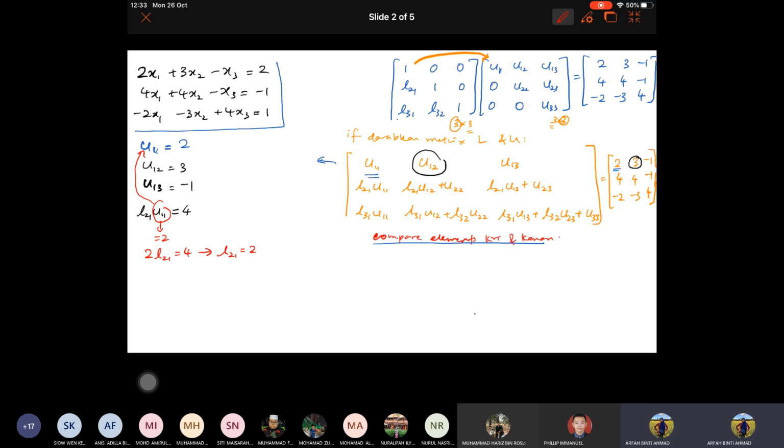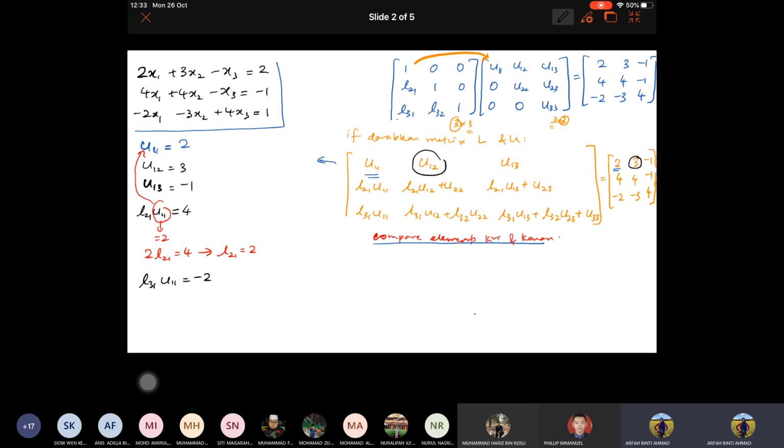Lagi satu yang awak boleh tengok is yang bawah dia untuk first column. Kita boleh ambil lagi satu L31 U11. So sama dengan berapa this one? Negatif 2. Sama dengan negatif 2. Okay.